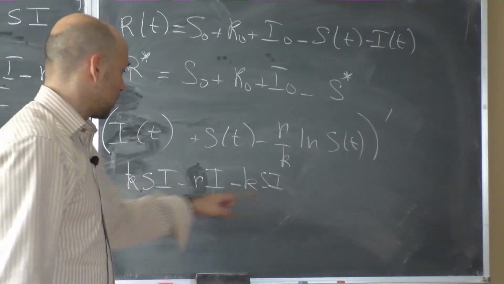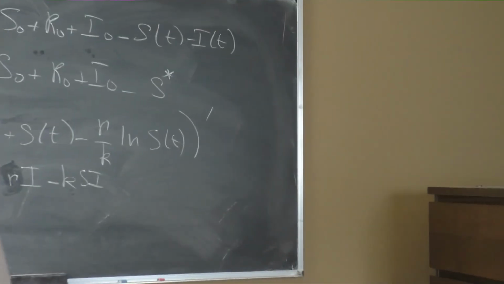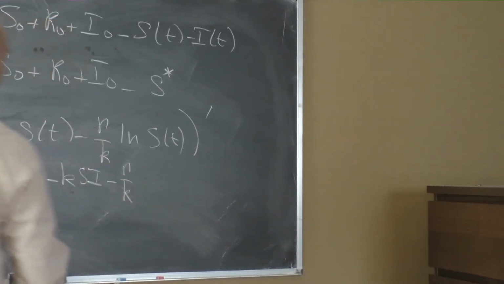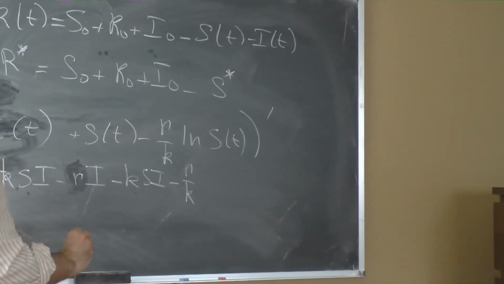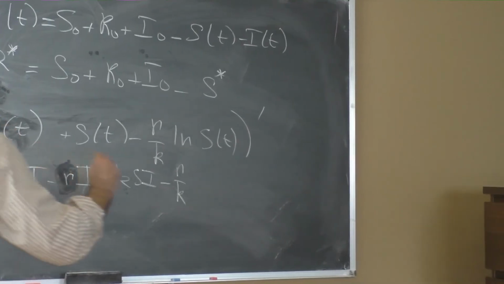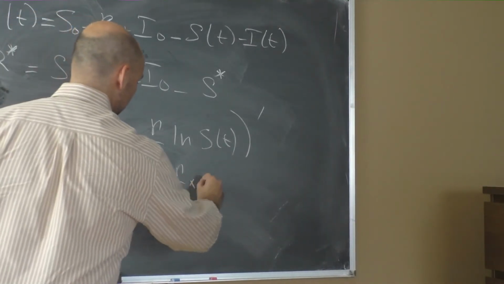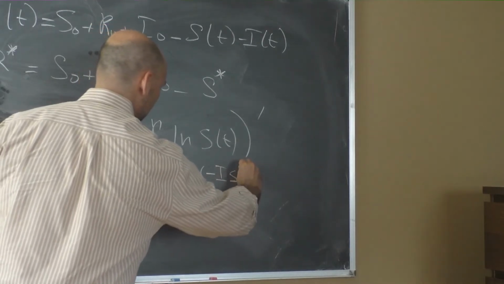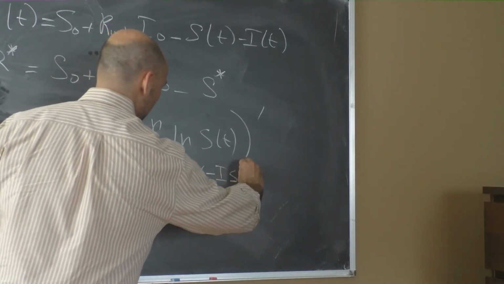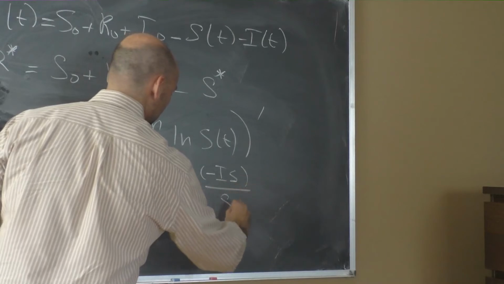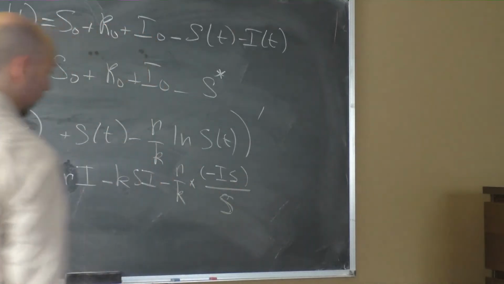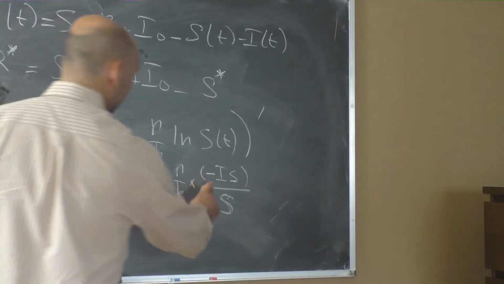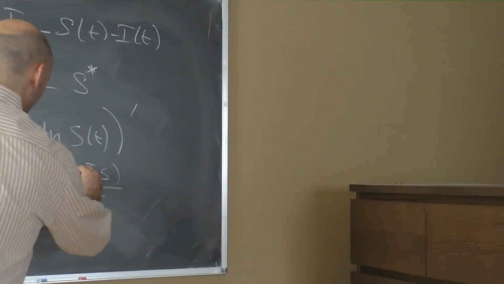Well, you can see that this cancels already, and then minus R over K divided by S, so minus IS divided by S. All right, I forgot the K here. I forgot the K.